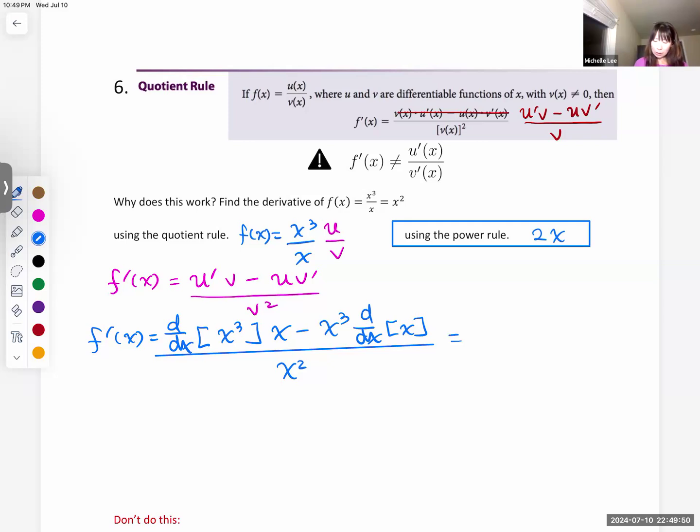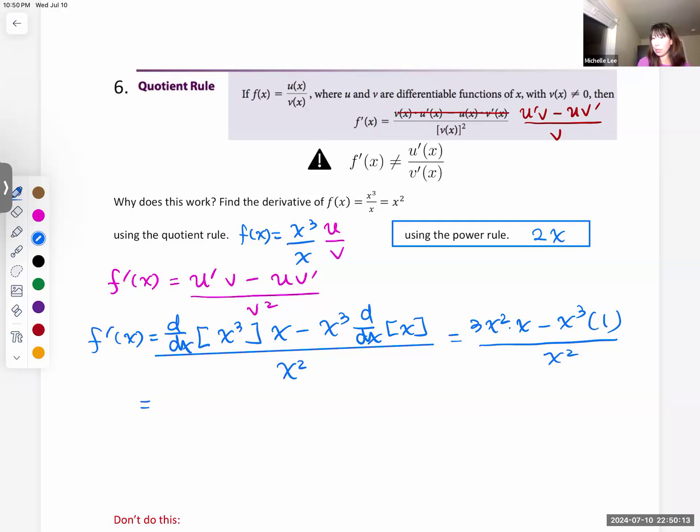Okay, let's take the derivative. The first term, 3x squared, times x, minus x to the third power times the derivative of x, which is 1, over x squared. Okay, now we can simplify, right?